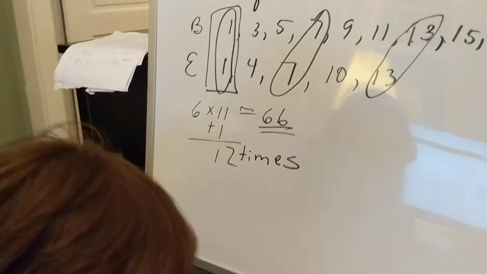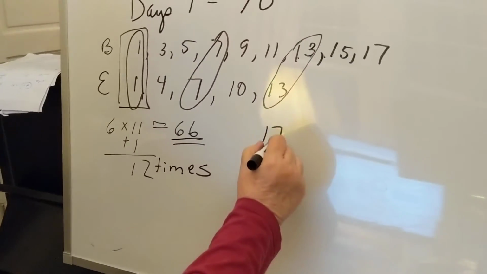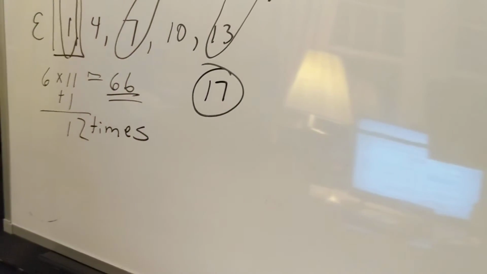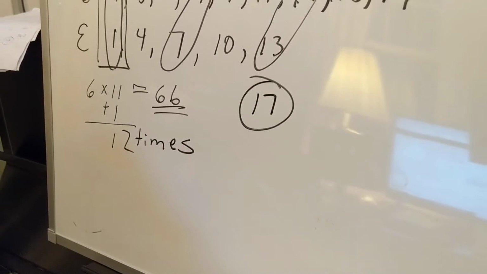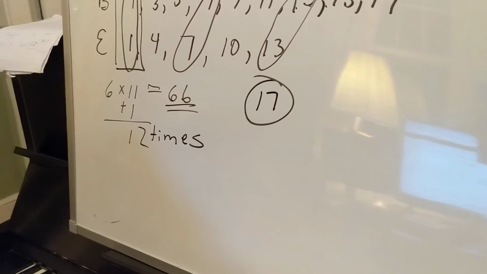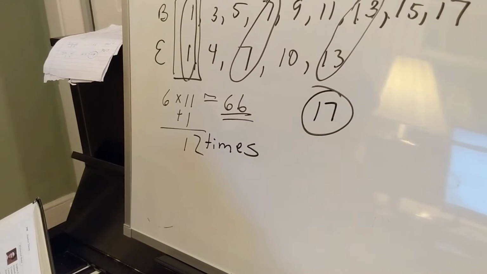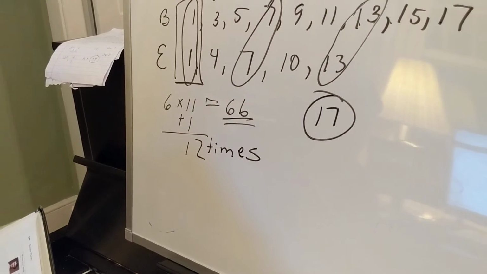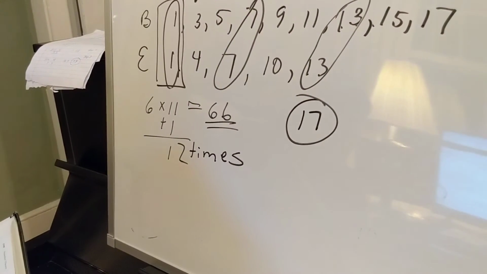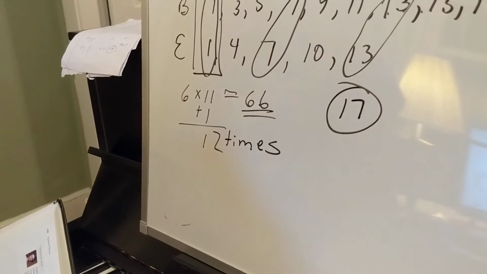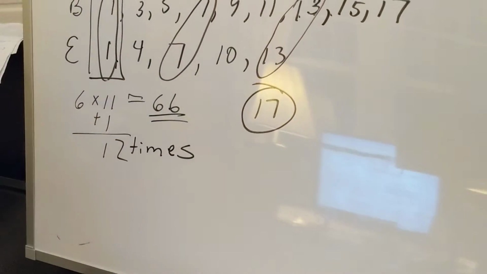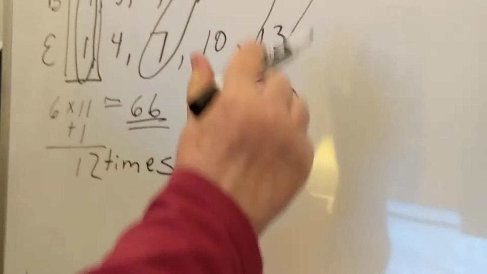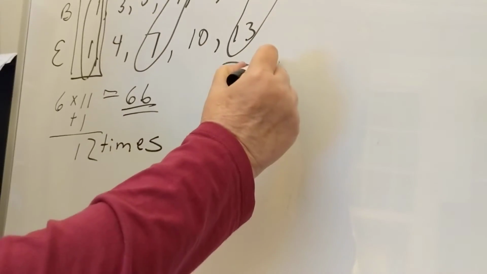Okay, and the last one of these, number 17. Let's check that one. A woman with a basket of eggs finds that if she removes the eggs from the basket, 3 or 4 at a time, there's always 1 egg left. And if she removes them 7 at a time, there are no eggs left. So I know if she removes them 7 at a time and there's none left, it's a multiple of 7.